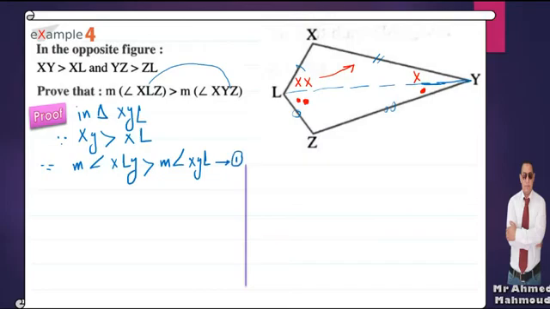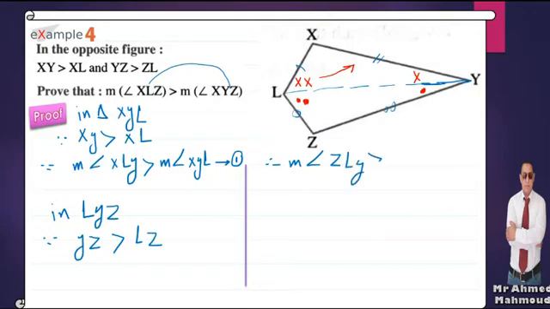Number 2, in triangle LYZ, since YZ greater than LZ, therefore measure of angle ZLY greater than measure of angle ZYL.